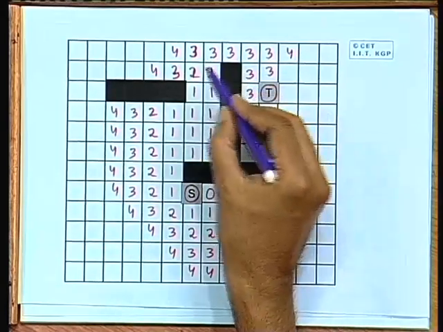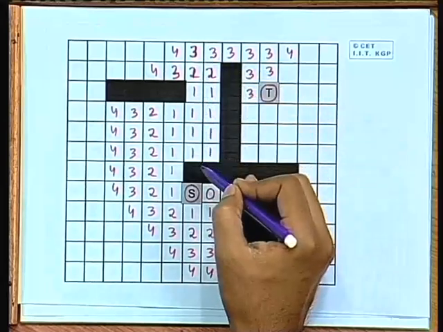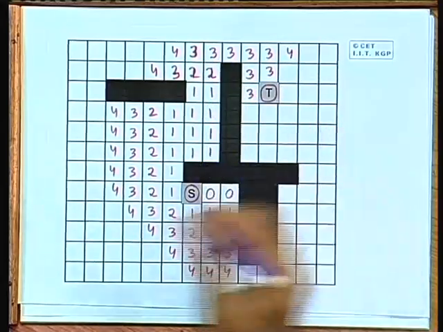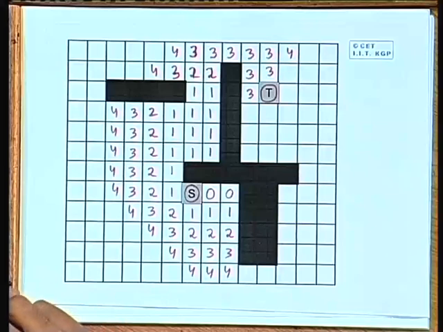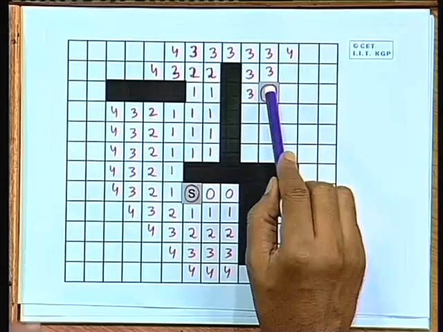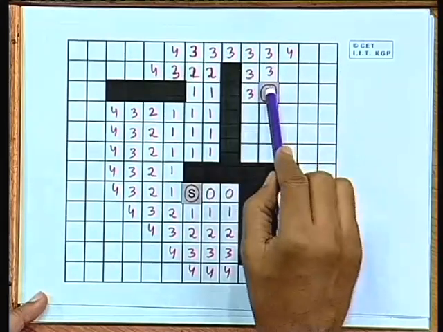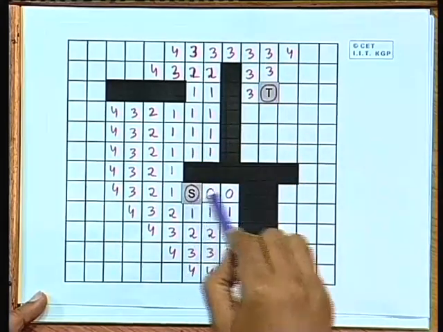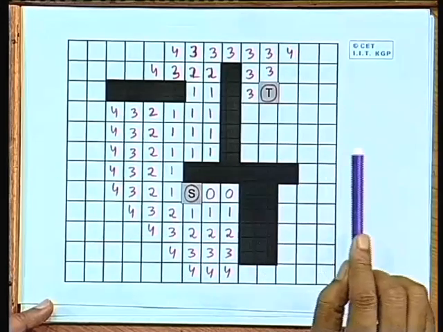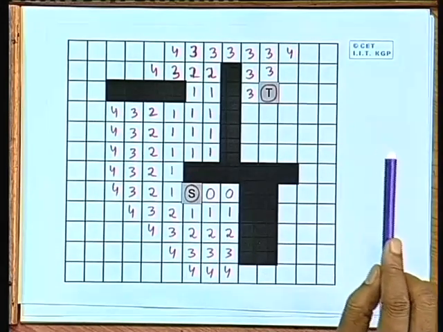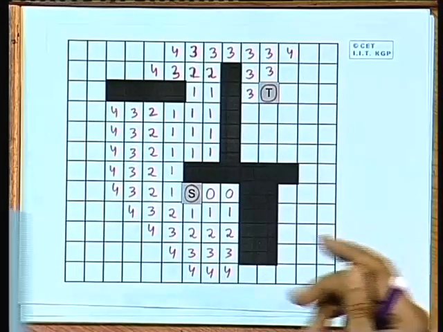This will be more like some kind of searching is required for this process, and this searching is not trivial. I just suggest that you try to find out a scheme or an algorithm to retrace a path from the target back to the source. Retracing is not as trivial as in case of Lee's algorithm. Okay.